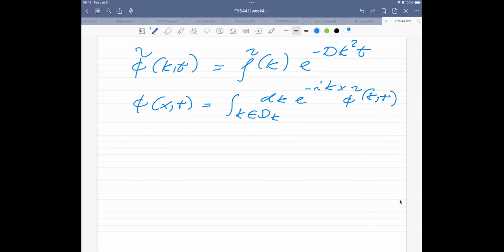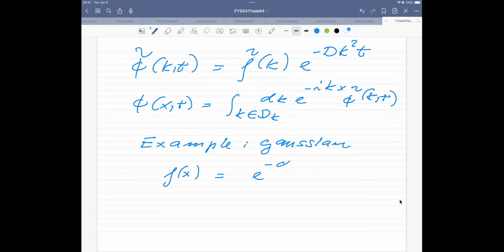We could now have, as an example, the initial condition f of x being a Gaussian. Let's look at that as a very simple example, because then we can find an equation which is a little bit more interesting for us.